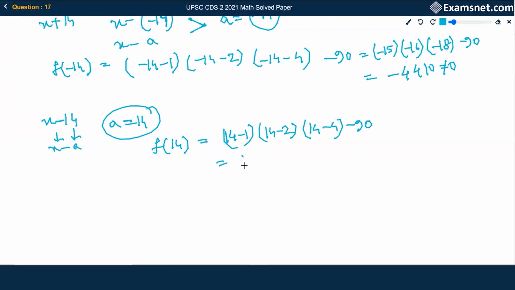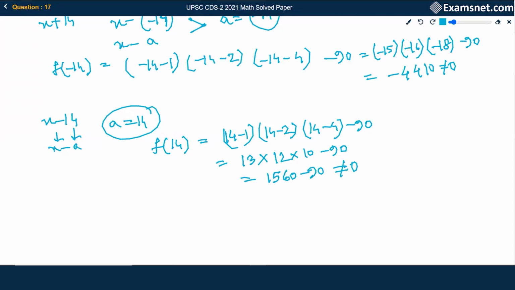So it is 13, 12, 10, minus 90, which gives 1,560 minus 90. No, it's not equal to 0. So it's not a factor.